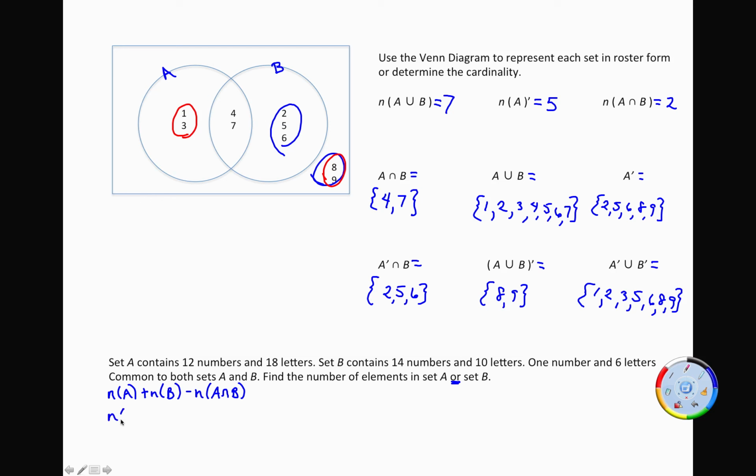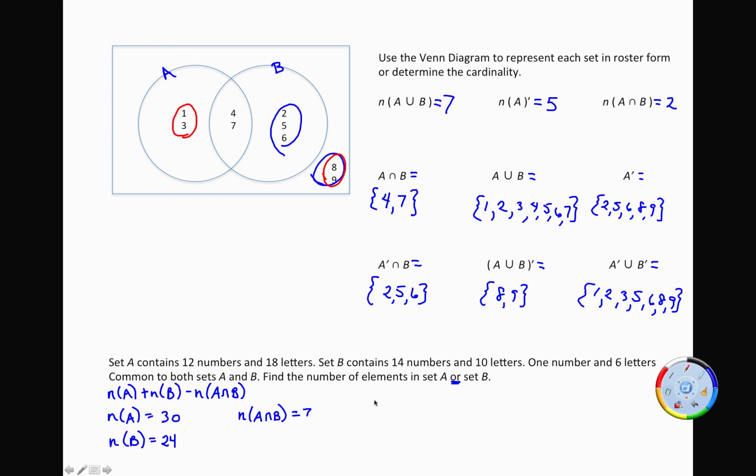Okay, so I know that the number of elements in A is 12 numbers and 18 letters, so that's 30. And I know that the number of elements in B is 14 numbers and 10 letters, so 24. I know that the number of elements in A and B, because it tells me there's one number and 6 letters common to both sets, so that's 7.